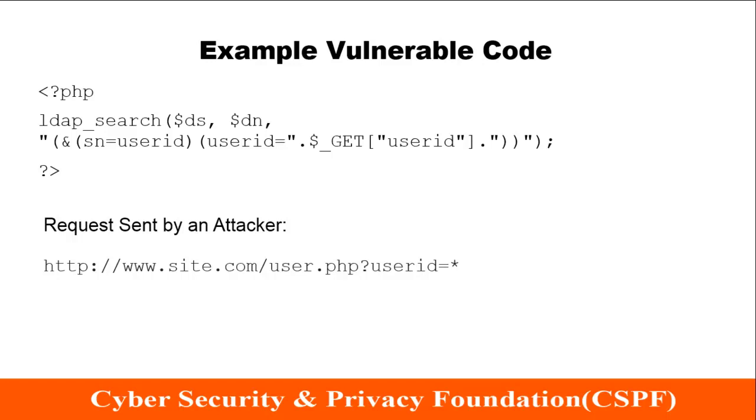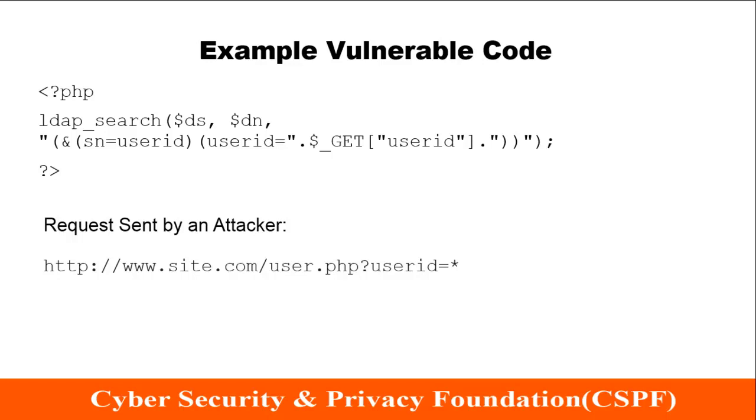So let's have a look into an example vulnerable code here. In the PHP section, we could see there is an LDAP search, wherein the value of the user ID is being taken via the GET parameter here, and we could see that a request that has been sent by an attacker is as shown, that is www.site.com/user.php, and the userID parameter equals whatever the user ID he gets.